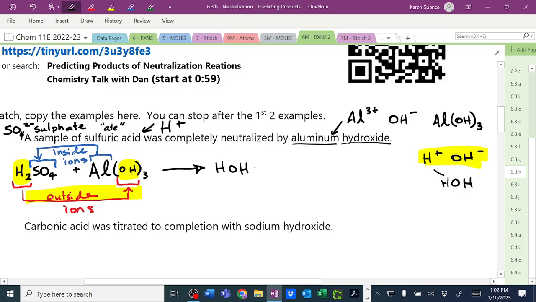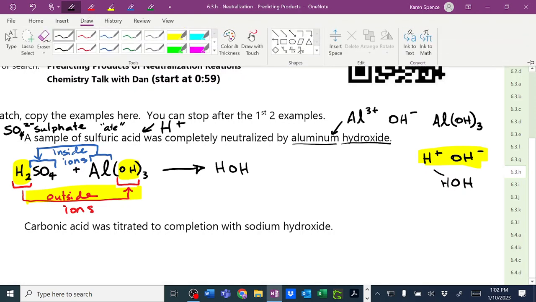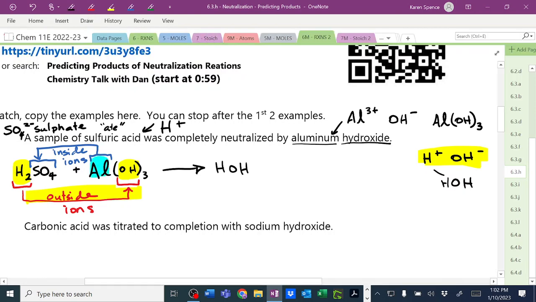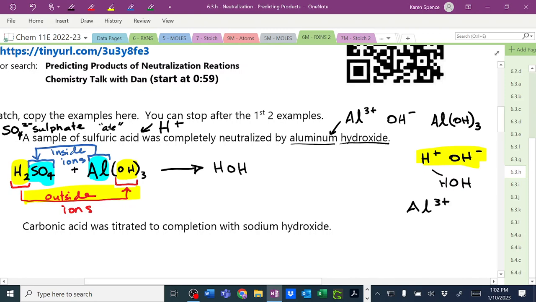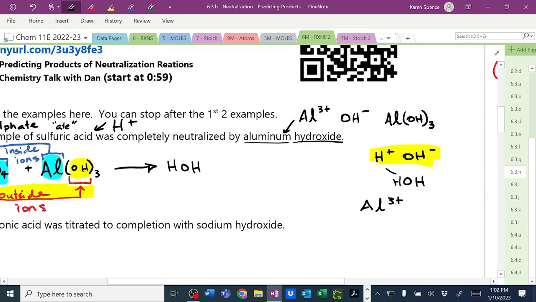Our inside ions, aluminum and sulfate. We have Al 3 plus, and we have sulfate SO4 2 minus.